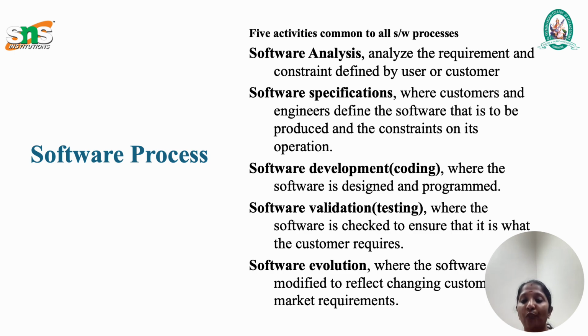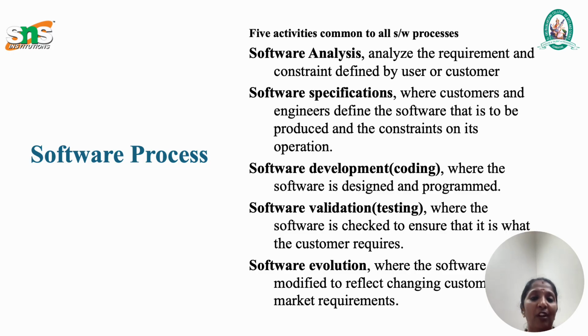That comes under software analysis. Then software specification. That means the customer will define what type of software we want to produce and what constraints are there in that particular operation. We have to check what type of specification that comes under software specification.